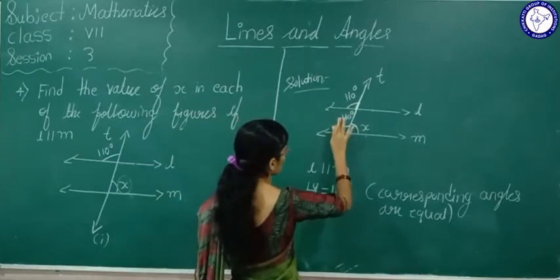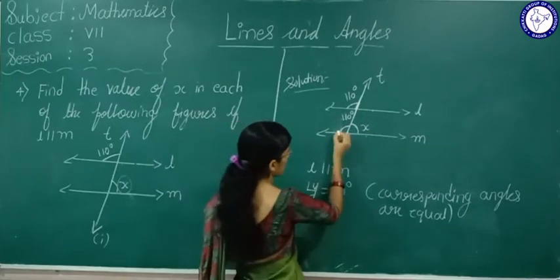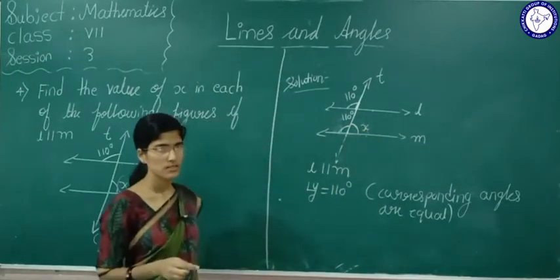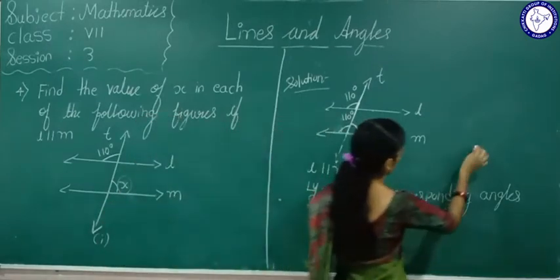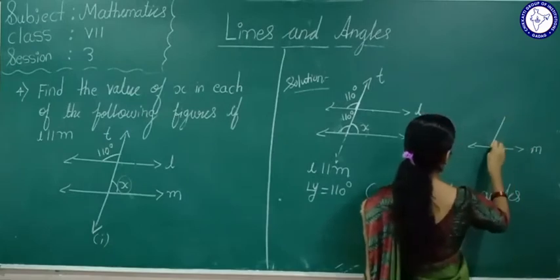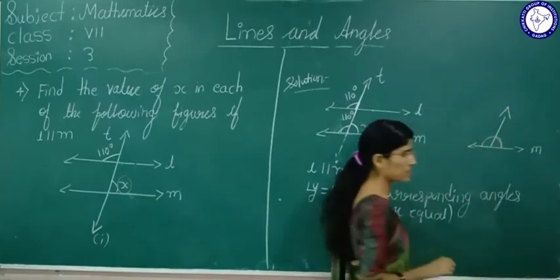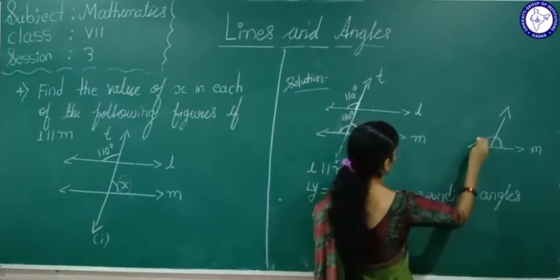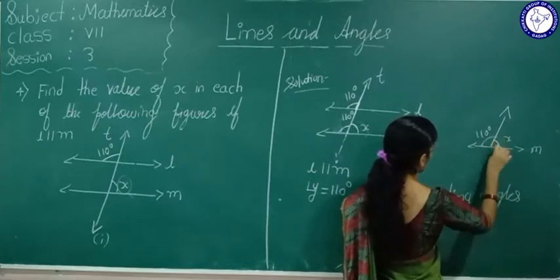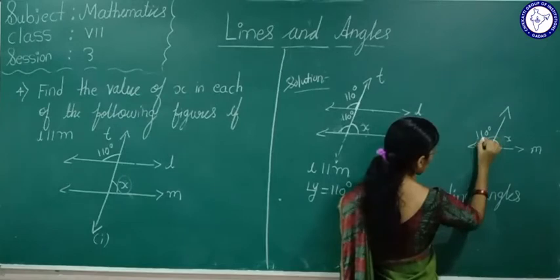Now, how to find out the x value? Now see here, we know that this full angle is 180 degrees. Yes or no? Why? See here line M is there and here a ray is there. This full angle is nothing but 180 degrees. Now see here, these two angles are adjacent angles.